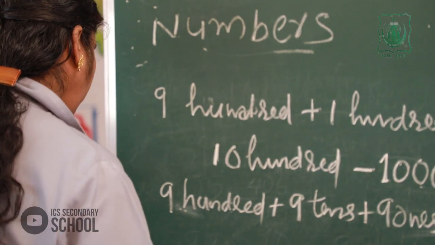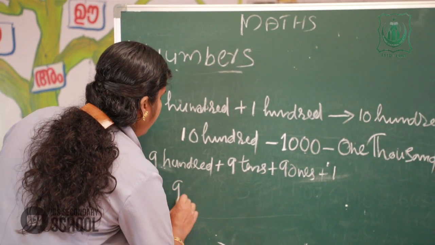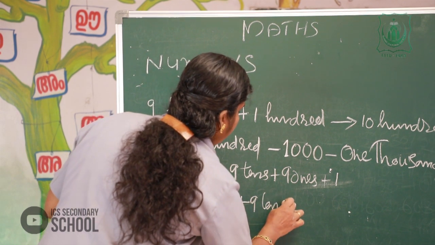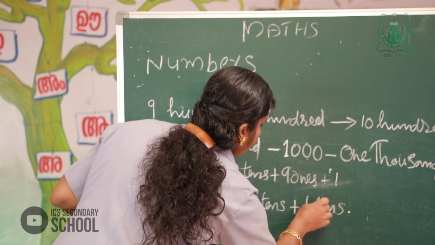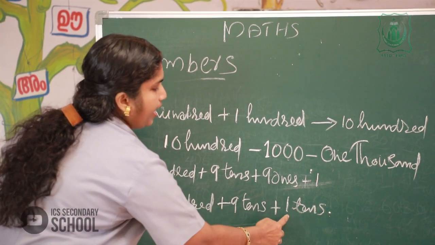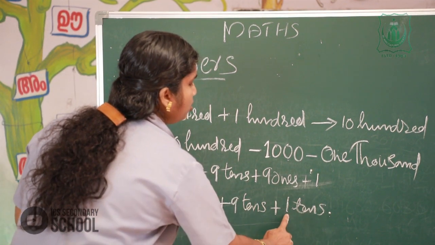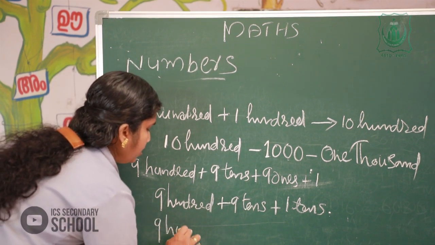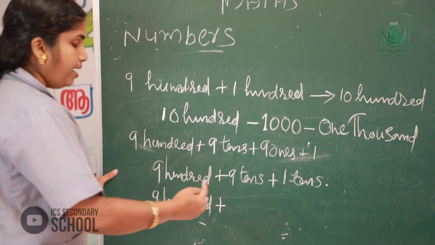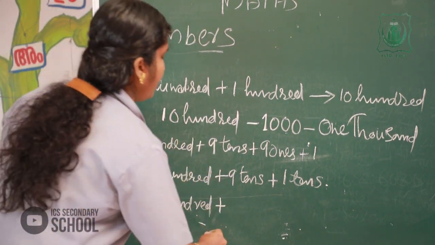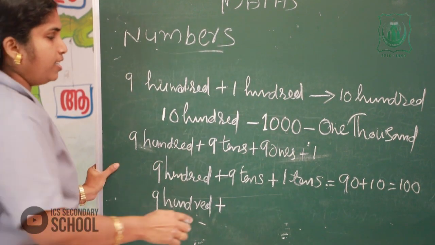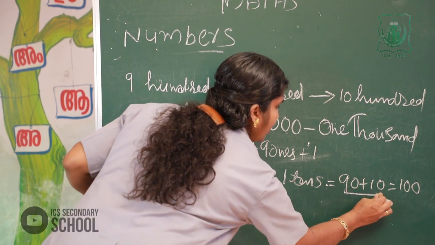This is because 900 plus 9 tens plus 9 ones plus 1: 9 ones plus 1 is equal to 1 ten. Then 9 tens plus 1 ten, we get 100.